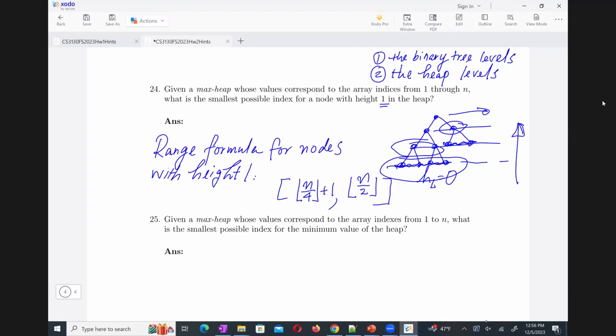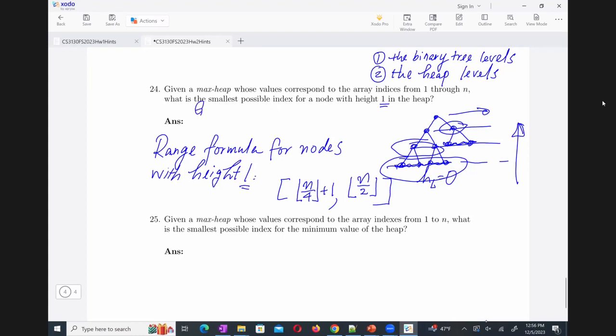In our notes, do we have that formula? I wrote the inequality, I know the inequality, but here I use the interval. So here I use closed interval. In general, let me write the general case. Here it's the height 1 case.